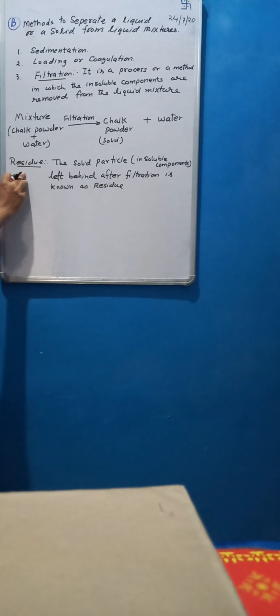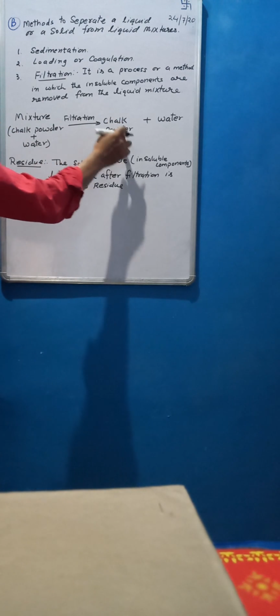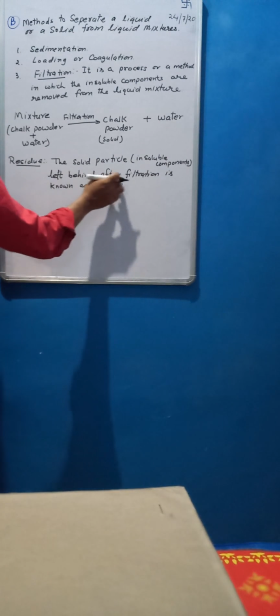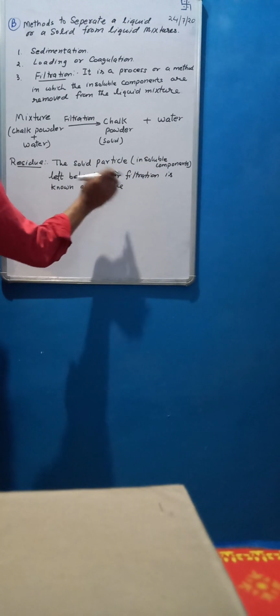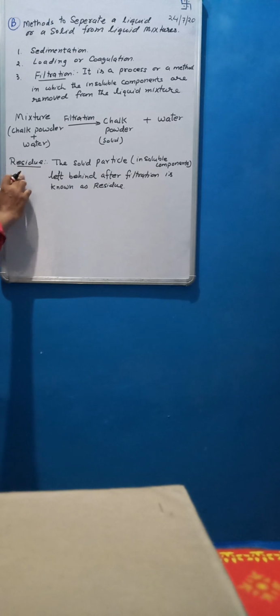So how to define residue? The solid particles, here the solid particles are chalk powder. They are the insoluble component, and they are left behind after filtration. This is known as residue.